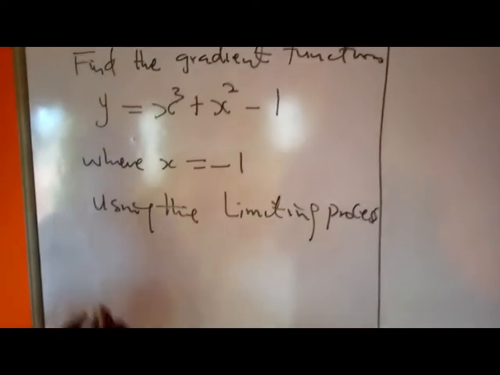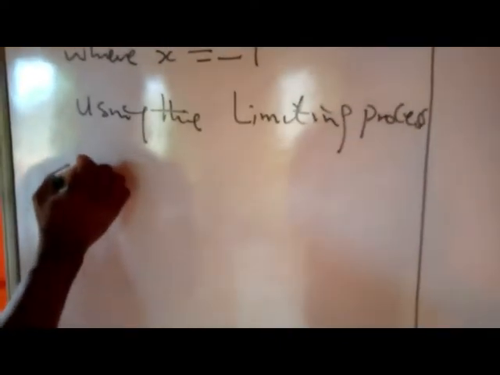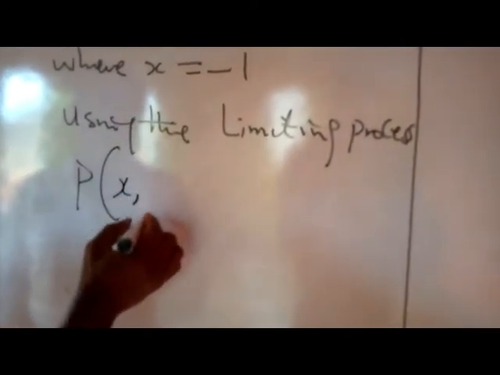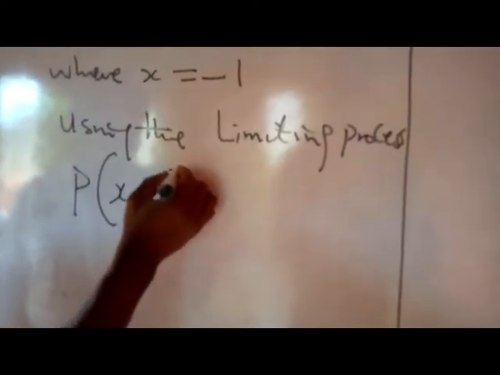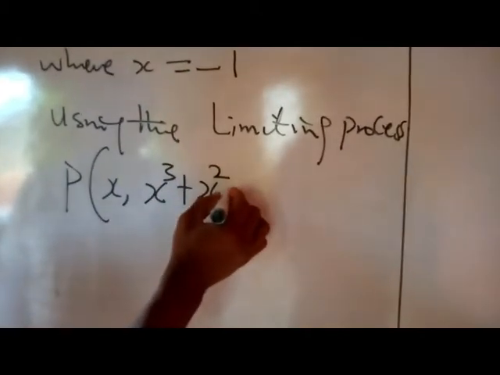Now, we are used to our coordinates. P coordinates is x, x raised to power 3 plus x raised to power 2 minus 1.